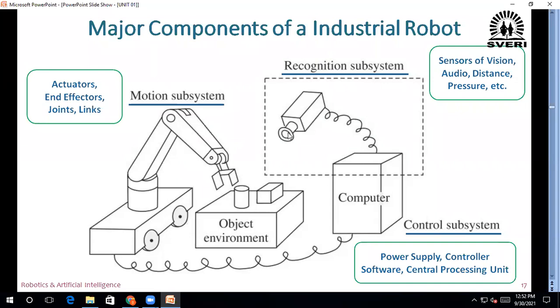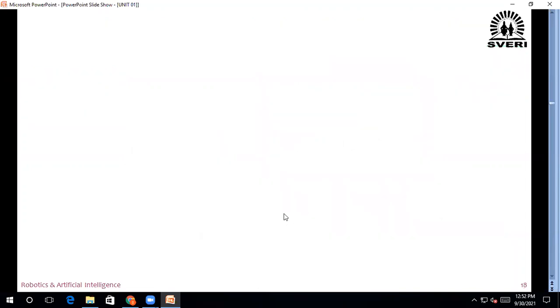Now this is the recognition system. This may be the camera, which is connected to the computer here. Here a sensor may be there. Now this is the object environment or platform on which objects are kept. I will see one by one.